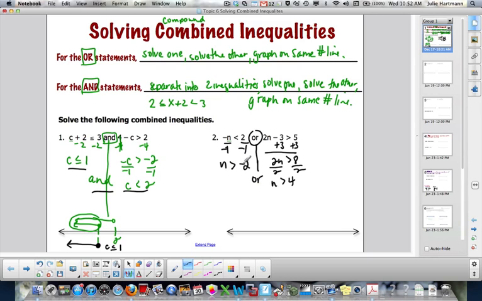So I have n greater than negative 2 or greater than 4. So here's negative 2. Greater than 4, which means I just have from here down. Which means I have both of them shaded, from negative 2 all the way down covers both of them, because that's an or statement.